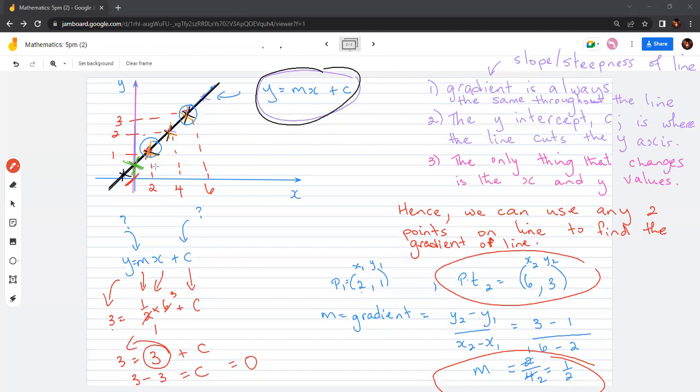So if I edit this a bit, that means that this line actually cuts where y is 0.